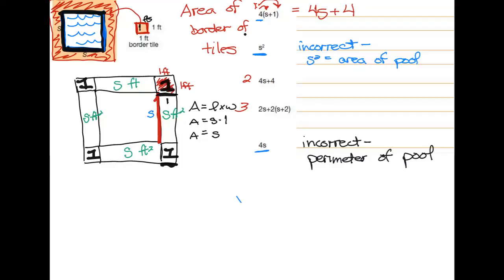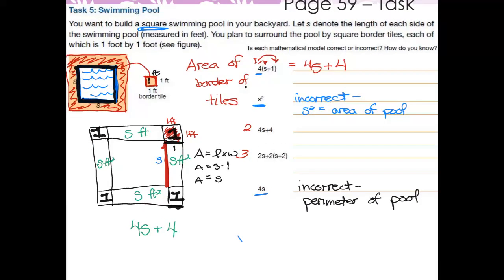So what is S plus S plus S plus S? 4 S's. And what did I not count yet? The ones. How many ones are there? 4. So 4S plus 4 gave me the area of that.